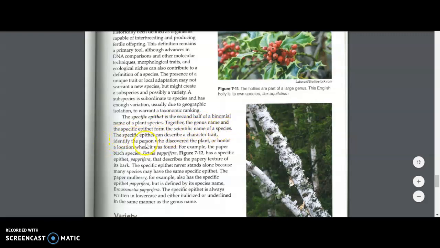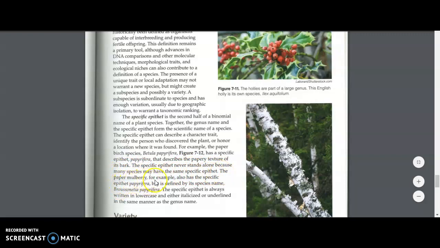The specific epithet can describe a character trait, identify a person who discovered the plant, or honor a location where it is found. For example, the paper birch species, Betula papyrifera, has a specific epithet. Papyrifera describes the papery texture of its bark. The specific epithet never stands alone because many species may have the same specific epithet.